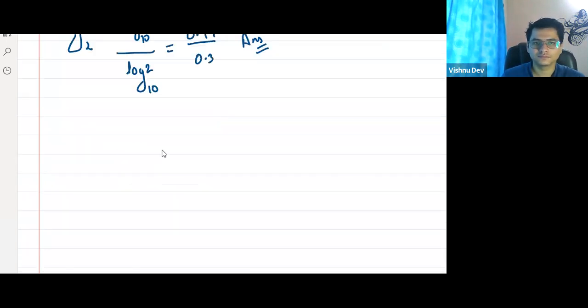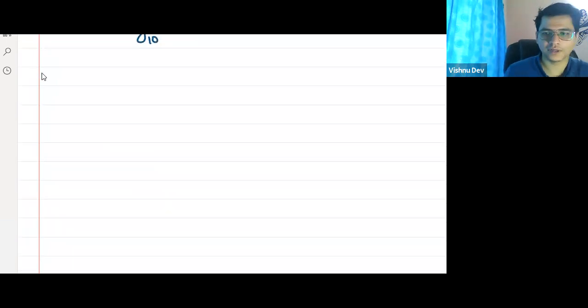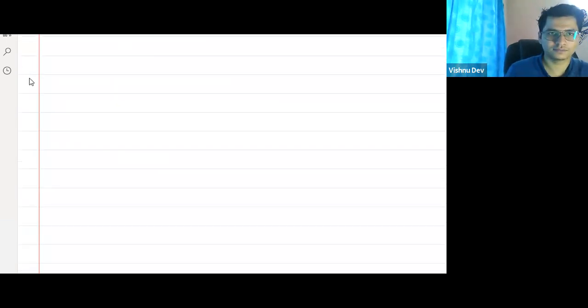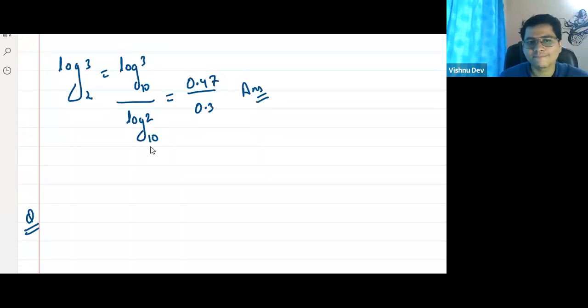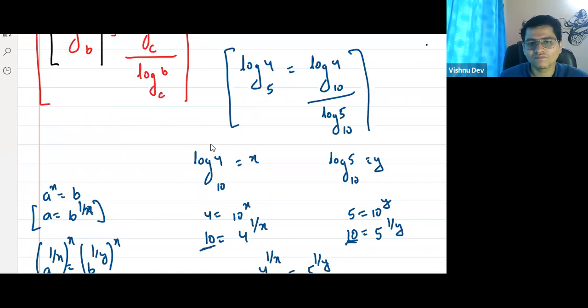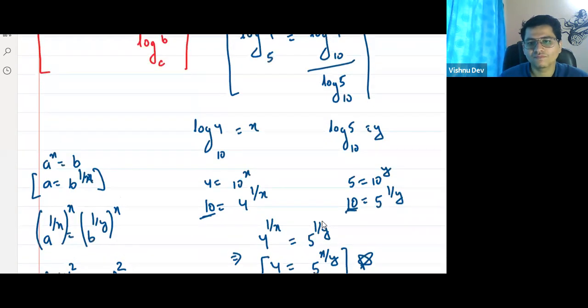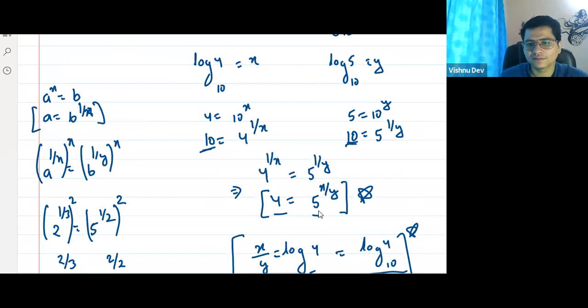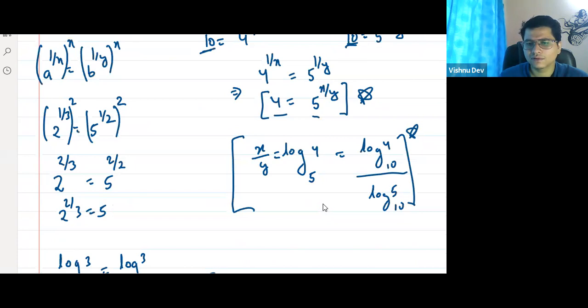Okay, so last question of today's class. Sir, I have one doubt. In that property 5, at one step we took 4 equals 5 raised to x by y. What if we do it the other way, that means 4 raised to y by x equals 5? Then we will get the inverted answer, no?